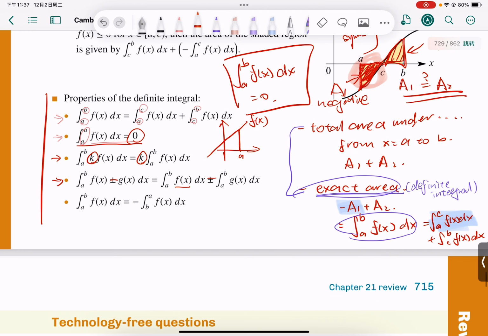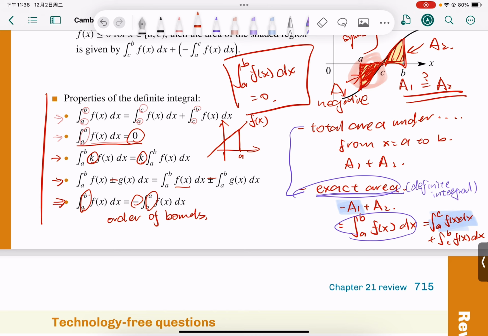And this one is pretty important, which tells you about the order of bounds. If it's from A to B and then you change it to from B to A, then you have to add a minus sign.